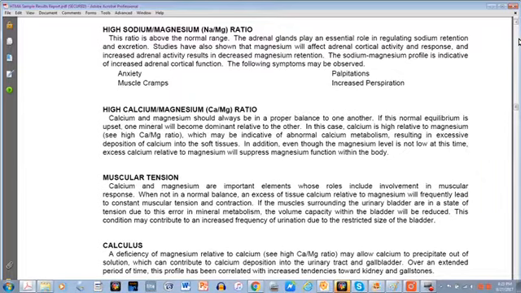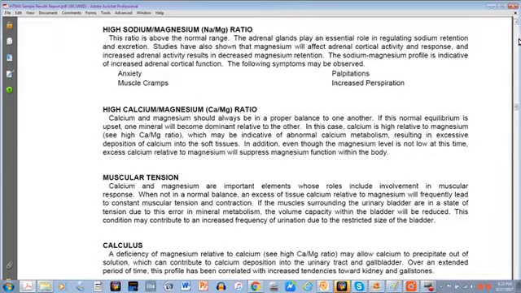High calcium-magnesium ratio. Calcium and magnesium should always be in a proper balance to one another. If this normal equilibrium is upset, one mineral will become dominant relative to the other.